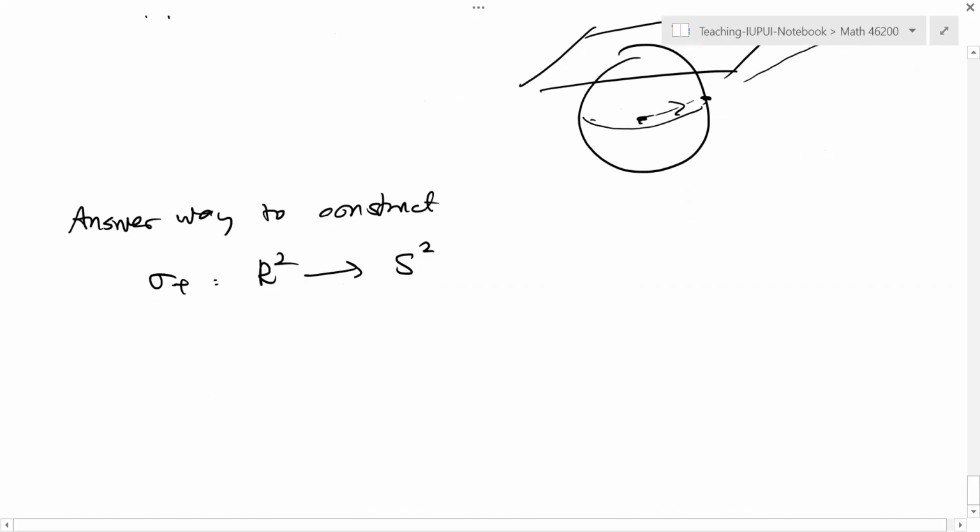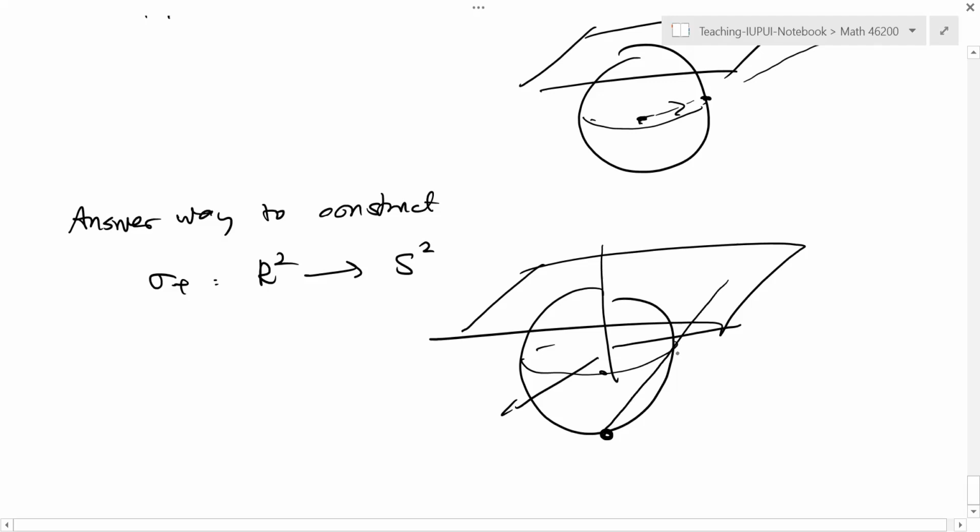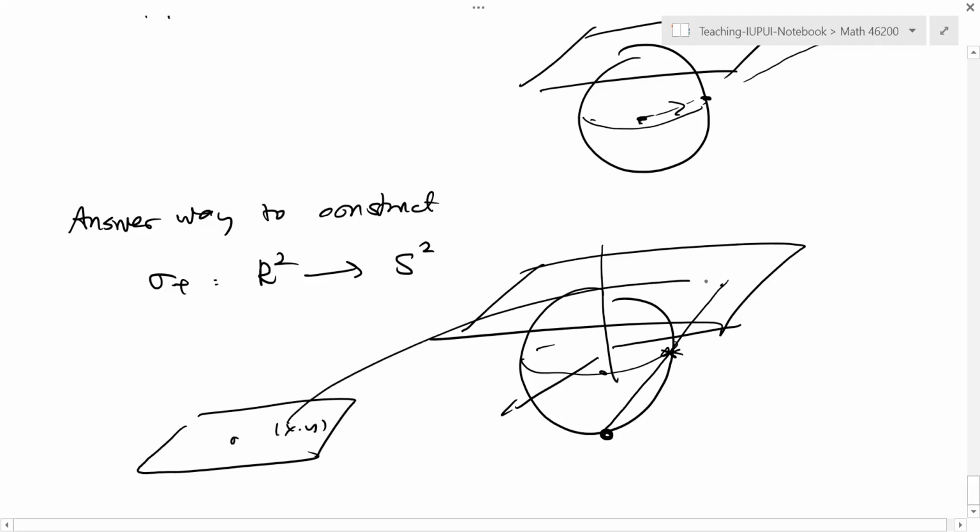How can I do that? Again, this is the picture. I choose this point instead of the center. I draw the line. So this is a map: from (x, y) at the center, draw the line to the source point.